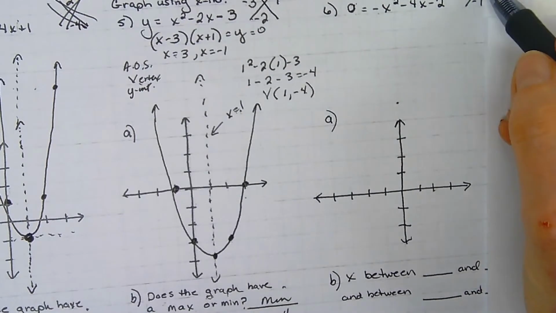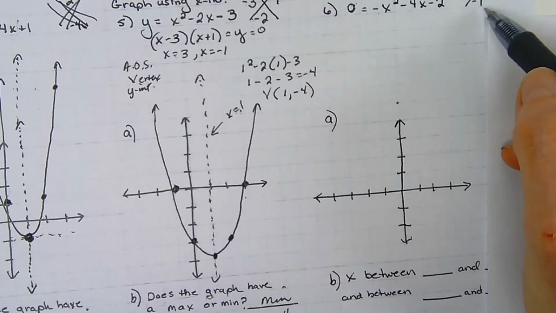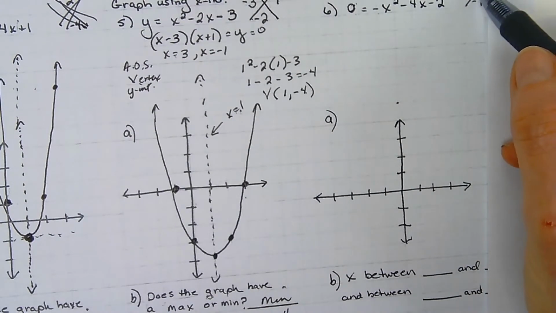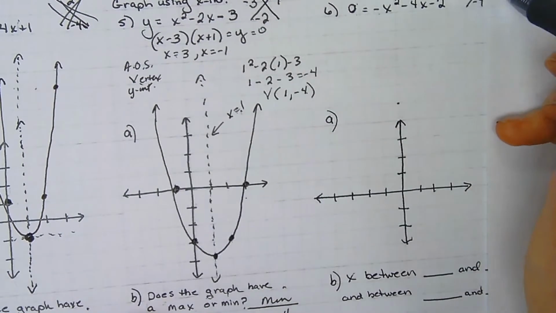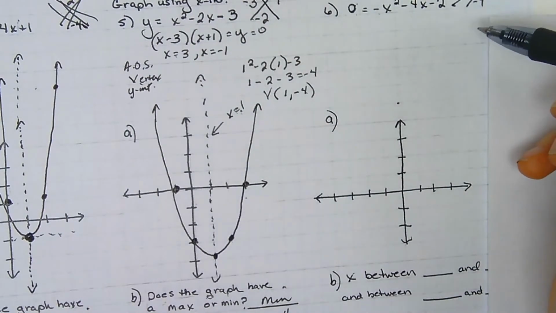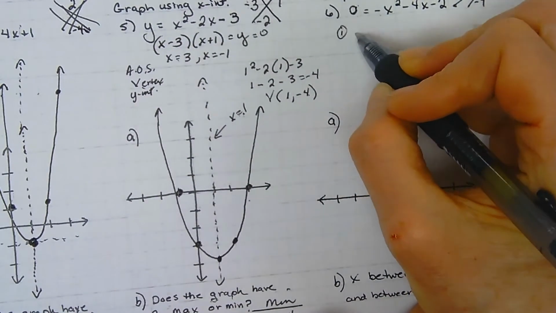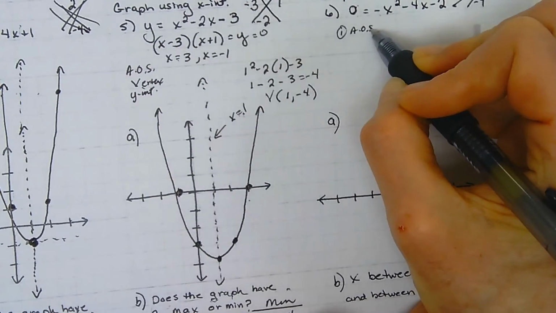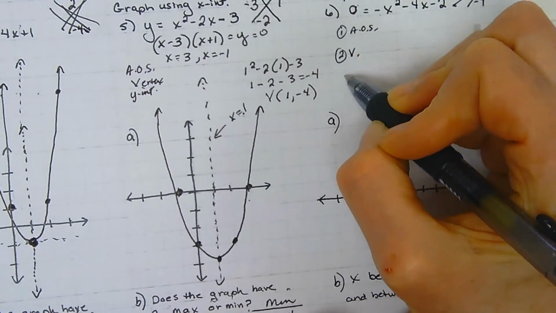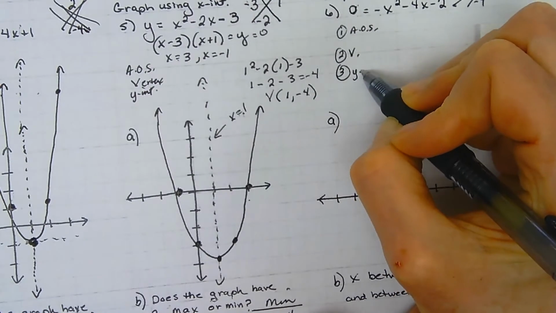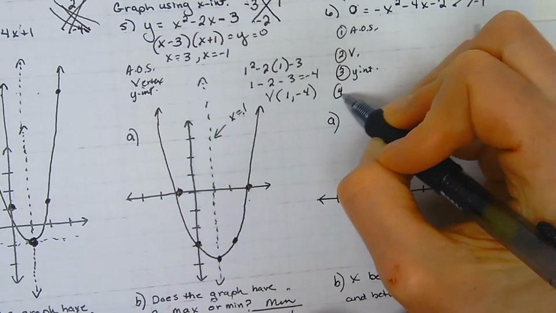There are not two numbers that will multiply to give 2, but add to negative 4. It won't happen. The only factors for 2 are 2 and 1, or negative 2 and negative 1, and neither one of those add up to negative 4, similar to problem number 4. So it's not factorable, so we're going to use the AOS method, and then we'll find the vertex, and then we'll find the y-intercept and graph any additional points we might need.